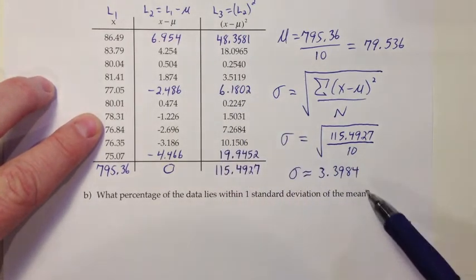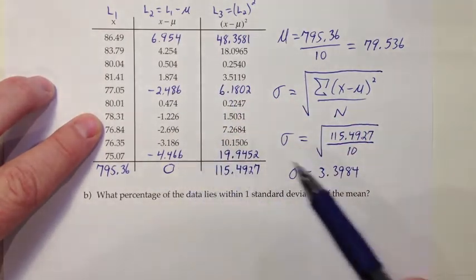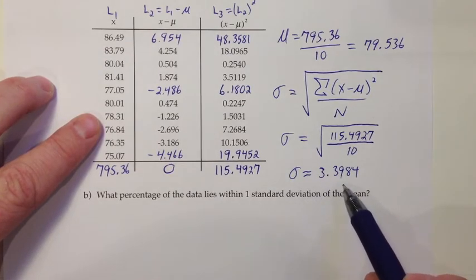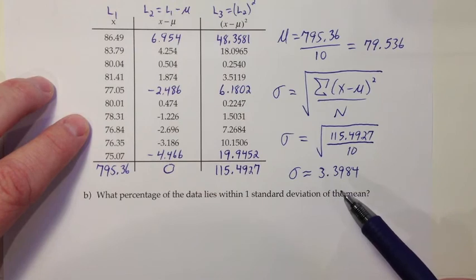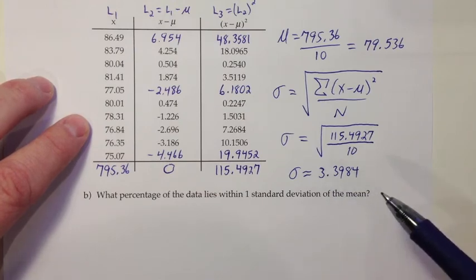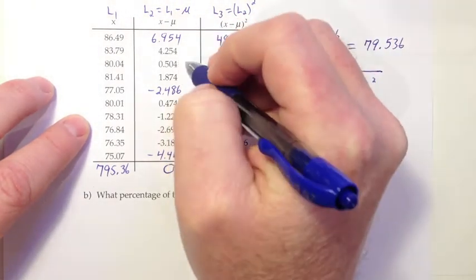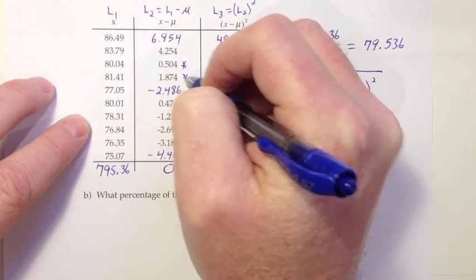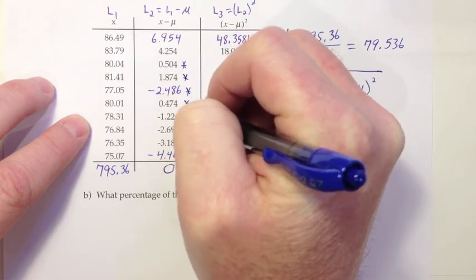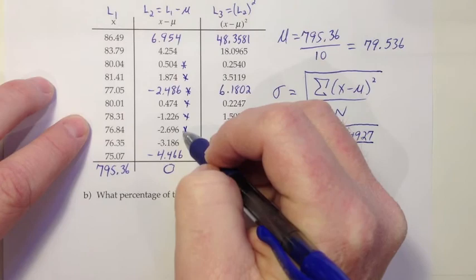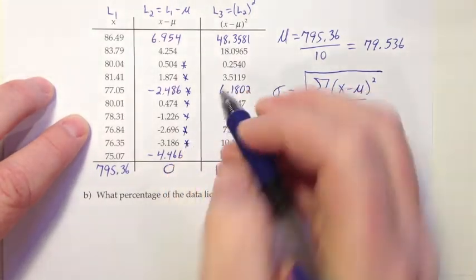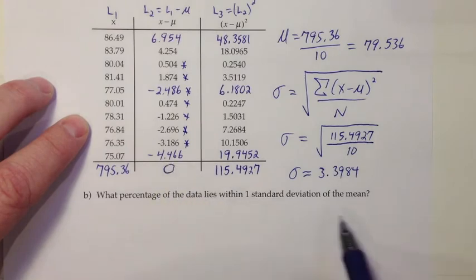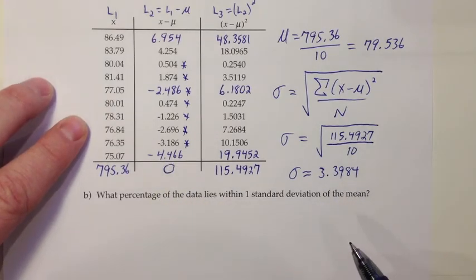So we're just counting up basically how many of these deviations are smaller than the standard deviation, and again, not paying attention to the sign, but thinking about the absolute value. And so let's see, not the first two, but this one, this one, this one, this one, this one, this one, and 3.1, that's still smaller than 3.39, but not this last one, 4.46 is bigger than the 3.39.